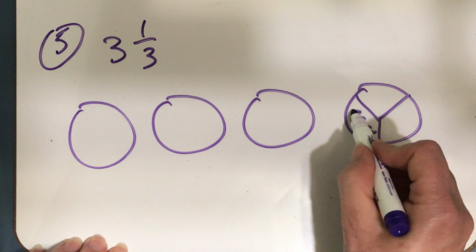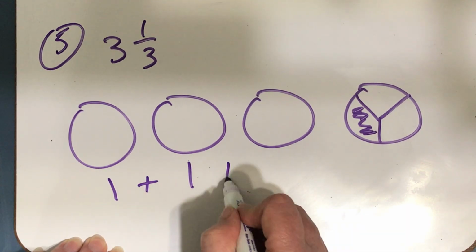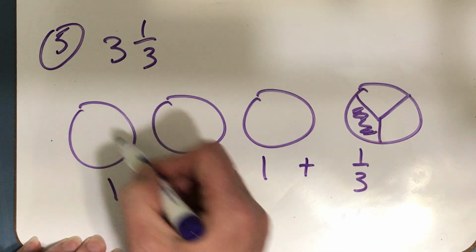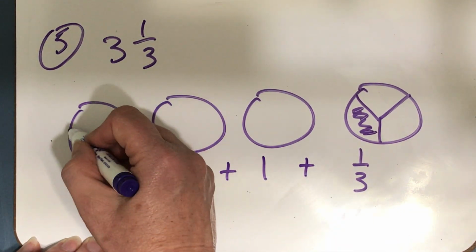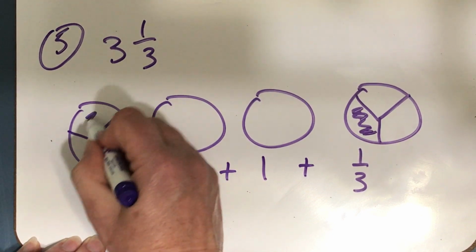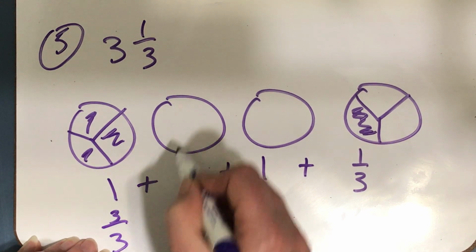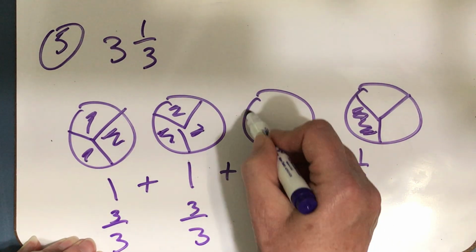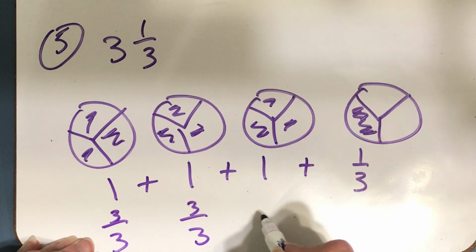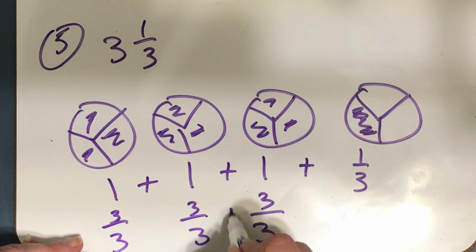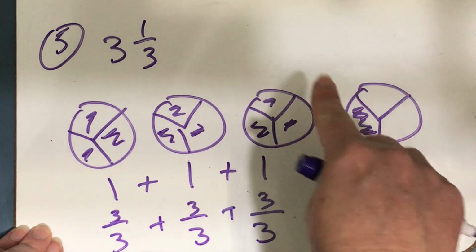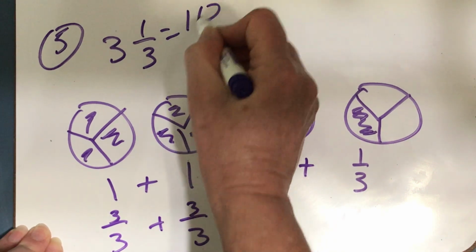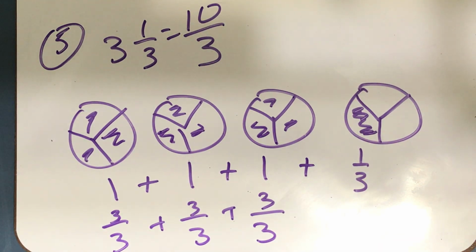So I need to make all my wholes into thirds: 3/3, 3/3, and 3/3. So 9/3 plus 1/3 makes 10/3. So 3 1/3 equals 10/3.